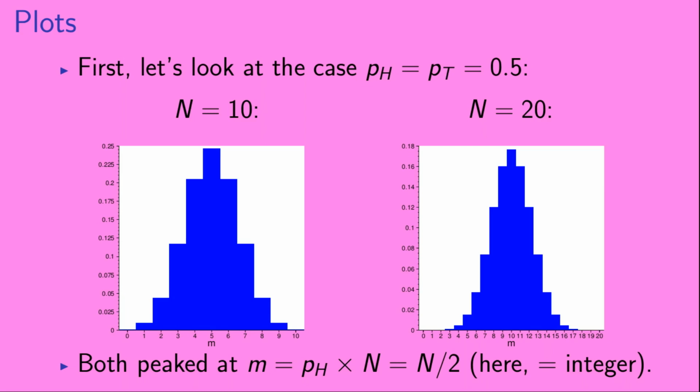In both cases, you can see that the distributions are peaked at m equals pH times n, which in this case is equal to n over 2. For the case where pH times n is an integer, the binomial distribution will be peaked at pH times n. If pH times n is not an integer, then the distribution will not be peaked at exactly pH times n, but it will be close.